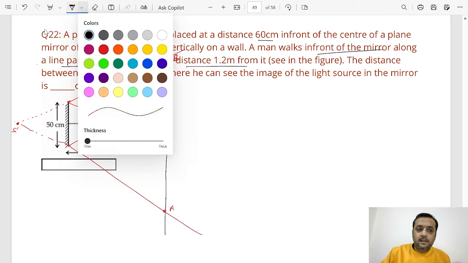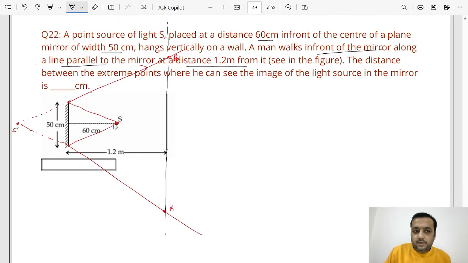Now this distance will be 60 centimeters, because the source was at a distance of 60 from the mirror, so the image will be formed at a distance of 60 from the mirror, right? 60 centimeter. Now this is 50. Using similarity, let's call this point P. So this distance S dash P, which is 60, upon this total distance, which is 60 plus 120 centimeter.